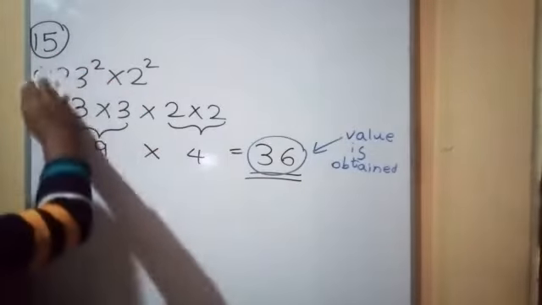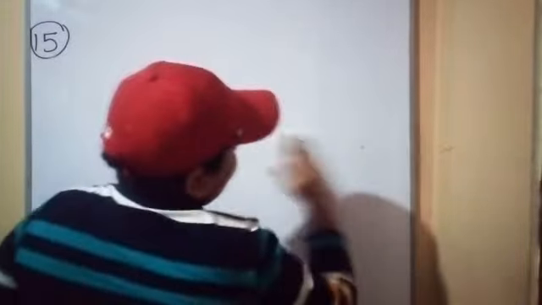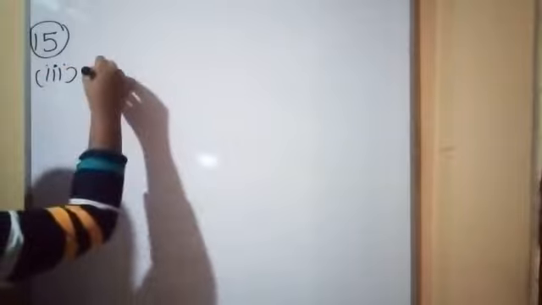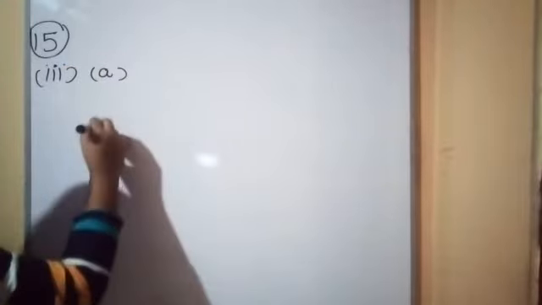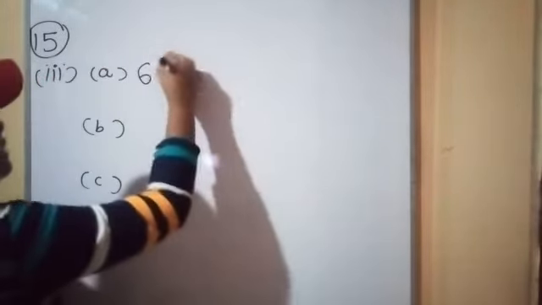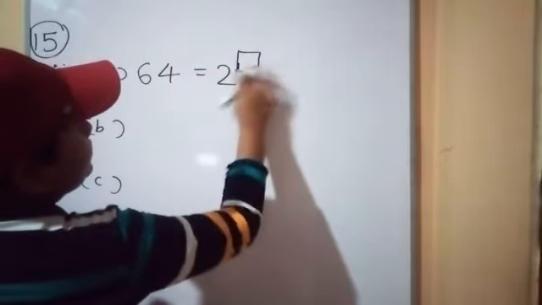Okay, let's move to the third sub question. What is the third sub question? Write suitable numbers in the boxes. Now the A, the B, the C. A is 64 to the power something.